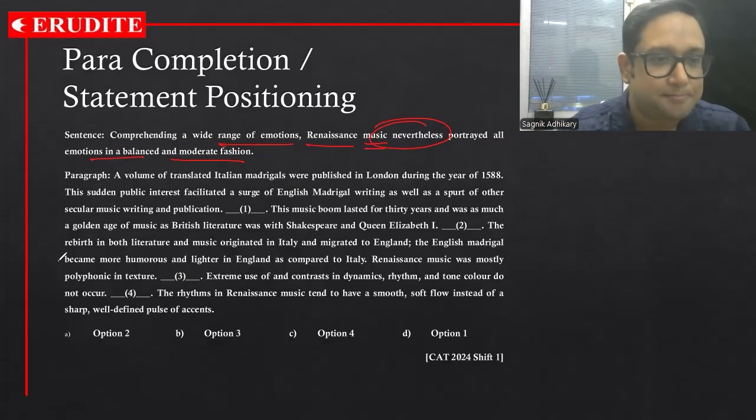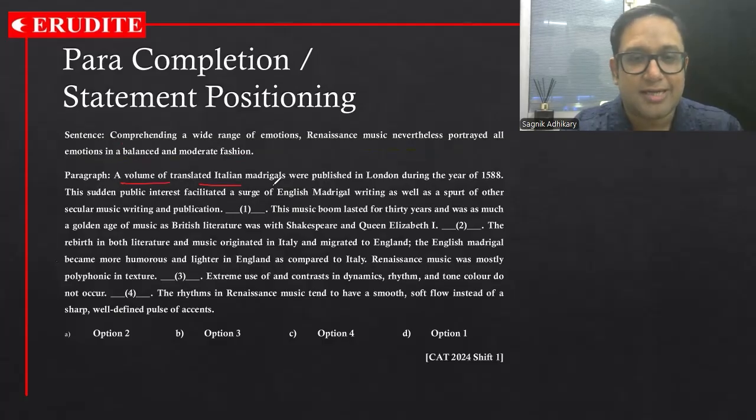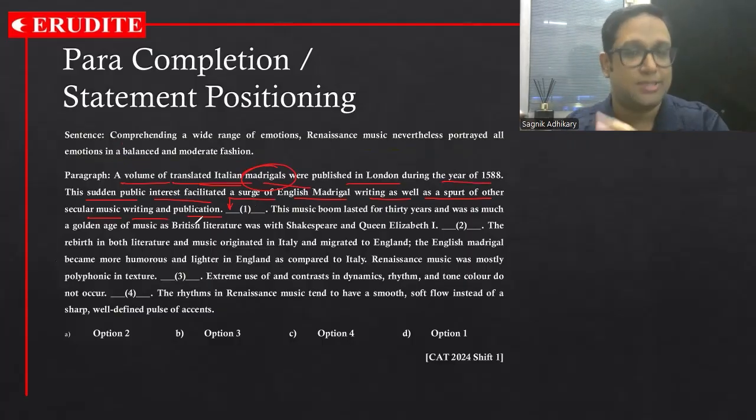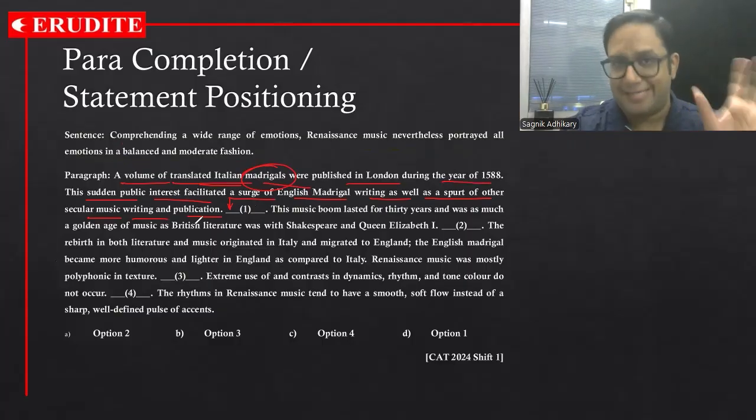Let's see about that. The paragraph reads, a volume of translated Italian madrigals were published in London during the year of 1588. This sudden public interest facilitated a surge of English madrigal writing, as well as a spurt of other secular music writing and publication. Then we have the first blank. Now let us understand. We probably don't know what the word madrigal means because it has been mentioned here as translated Italian madrigals. We realize that this must be an Italian word.